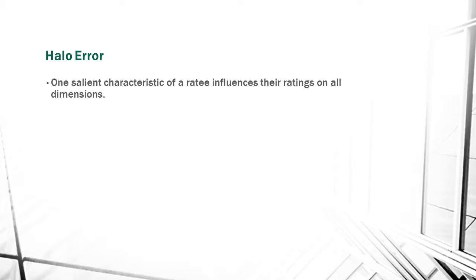Another major category of error that we worry about, this one tends to creep in at earlier stages in that cognitive process. It's called halo error, and it occurs when one characteristic of a ratee spills over and influences the way we rate them on all of the different dimensions.